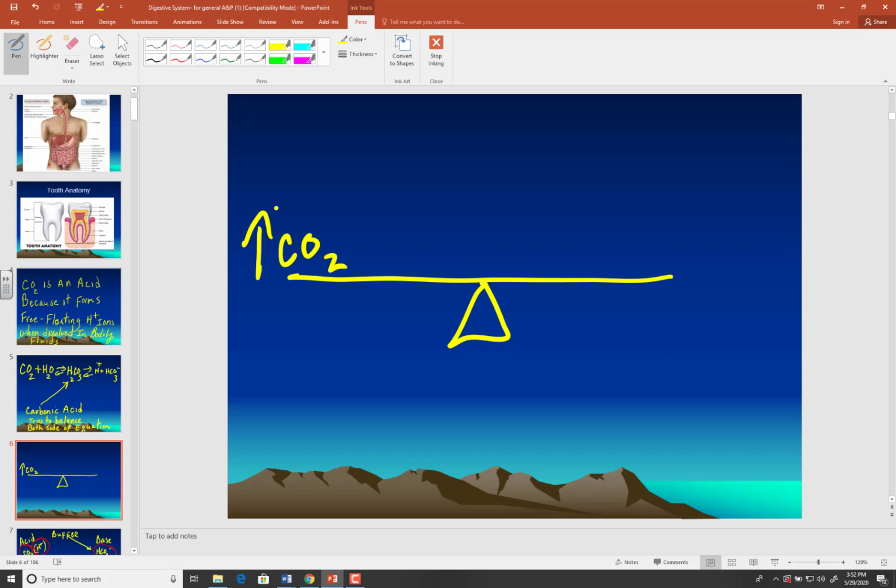And if CO2 goes up, if you got to make this thing balanced, and that's the same thing as saying free-floating hydrogen ions, and we know that the respiratory system controls carbon dioxide. So if the amount of CO2 goes up, to keep it balanced, you have to do what?